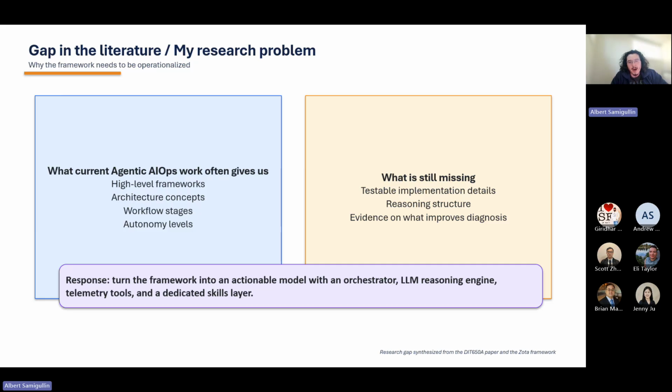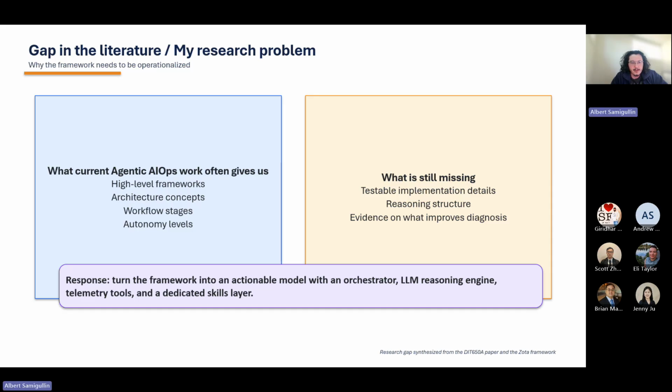So my research, I think, will address this by turning the framework into an actionable model with concrete components, such as an orchestrator, an LLM reasoning engine, tools for telemetry access, and a skills layer that has encoded site reliability diagnostic reasoning.